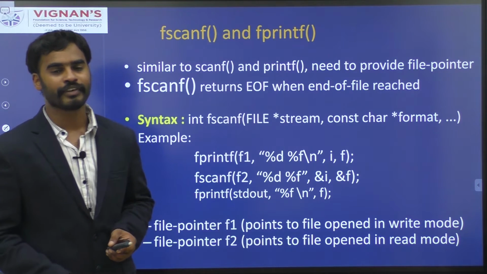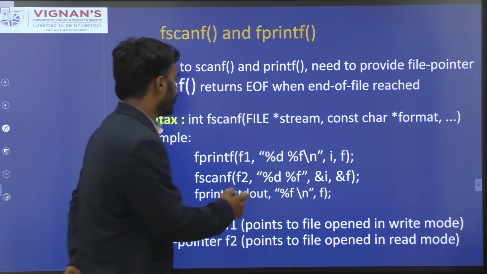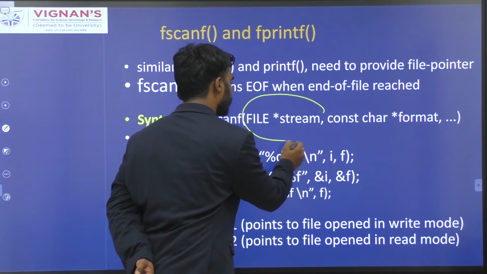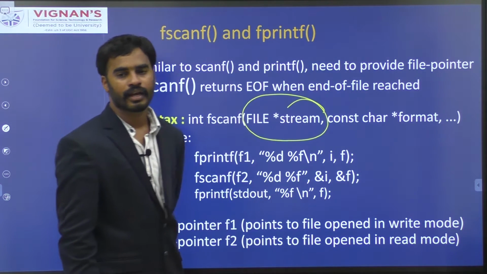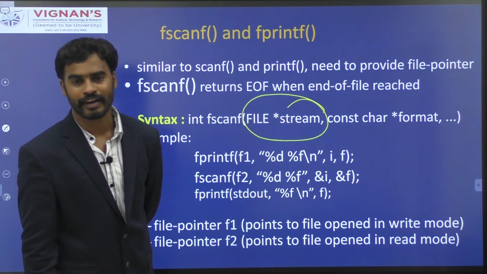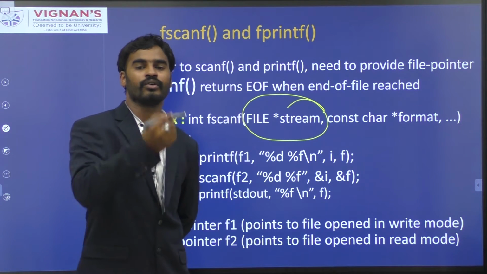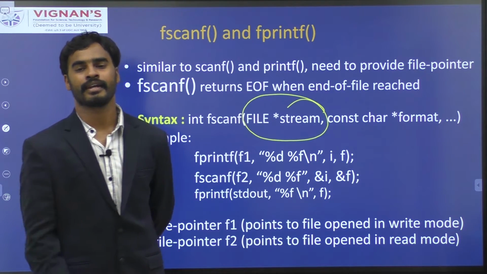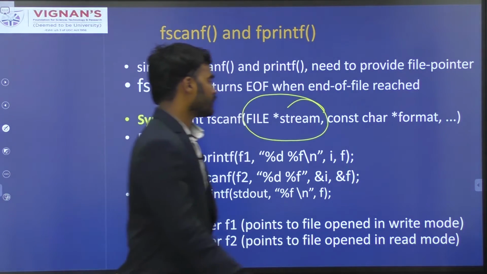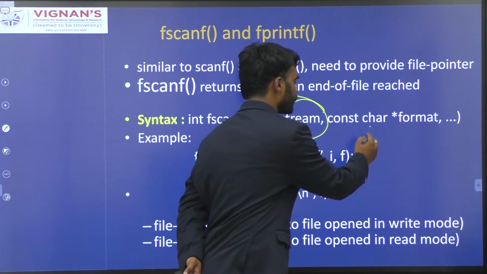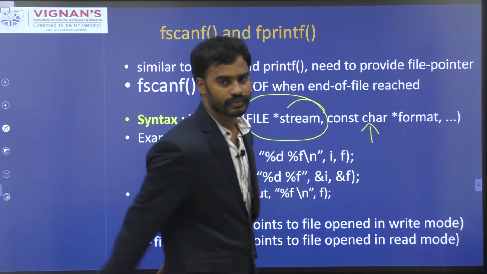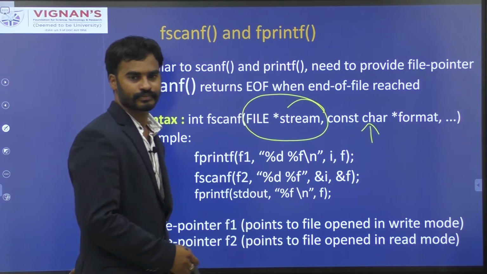That parameter is called a file pointer, the pointer to a file on which you would like to perform read and write operations. The second one is a format specifier, and the next one is the arguments.